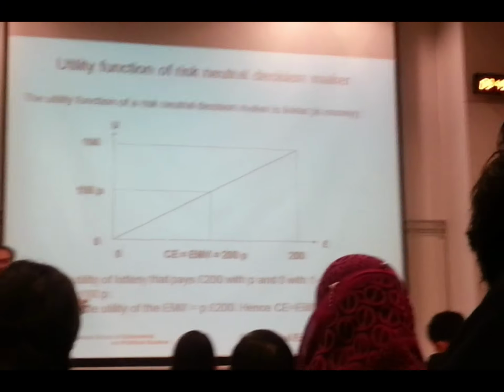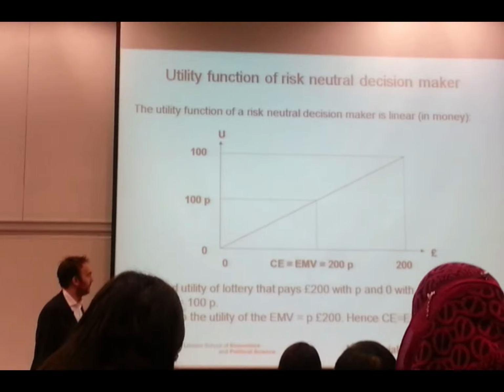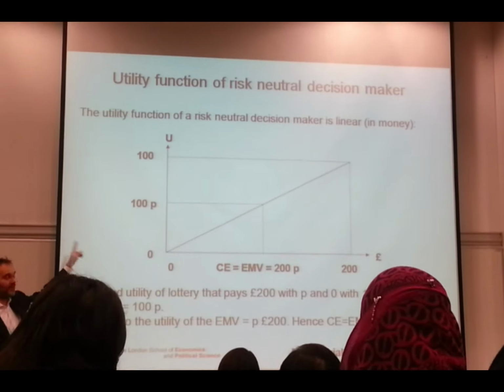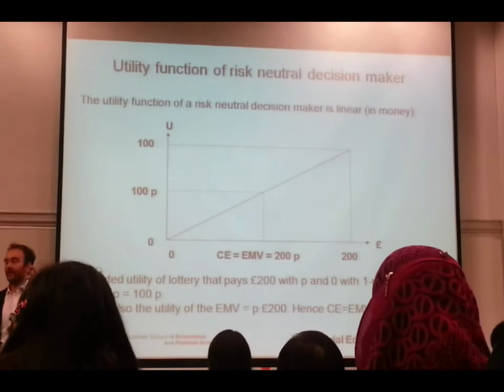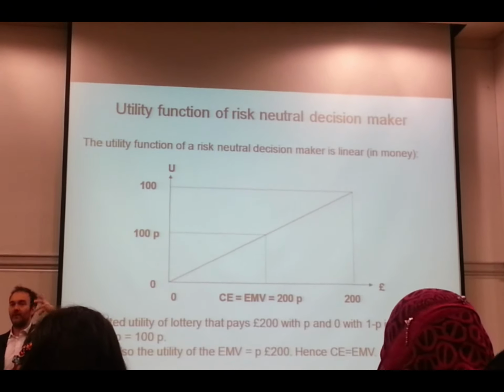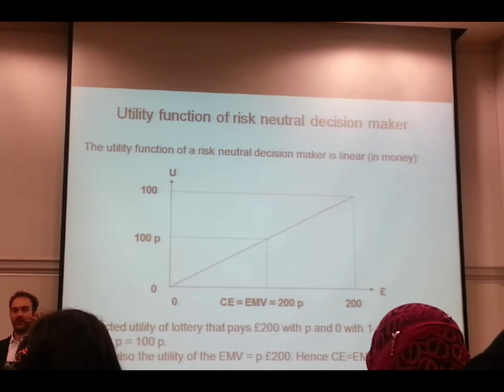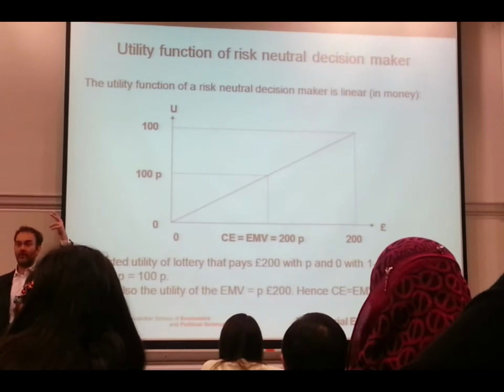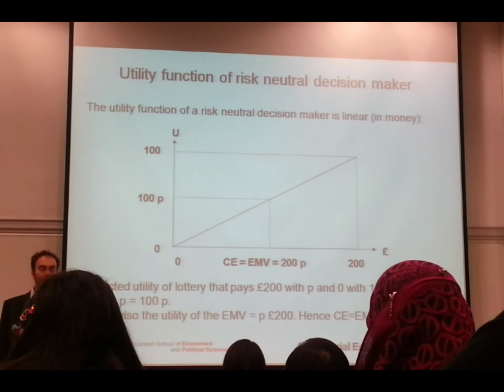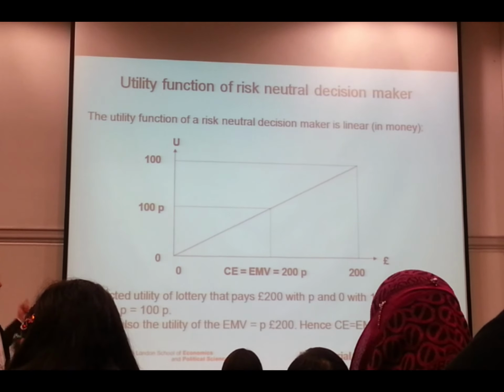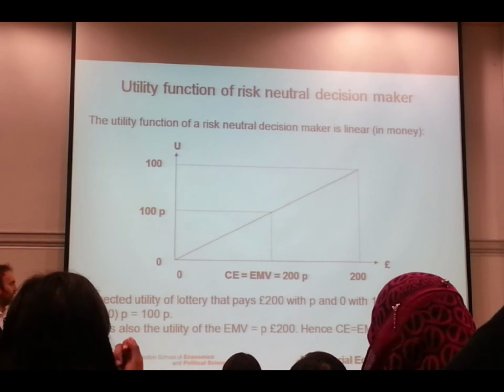We've set utilities between 0 and 1: if we get no payout, we get a utility of 0, and if we get 200 pounds, we get a utility of 1. So the expected utility of this lottery is going to be P times 1.